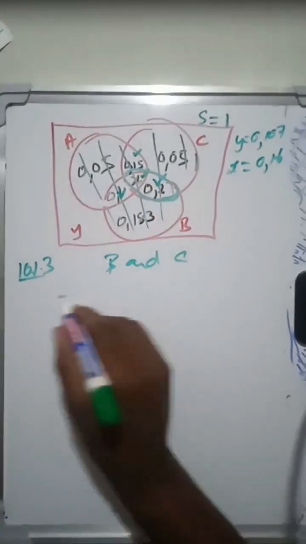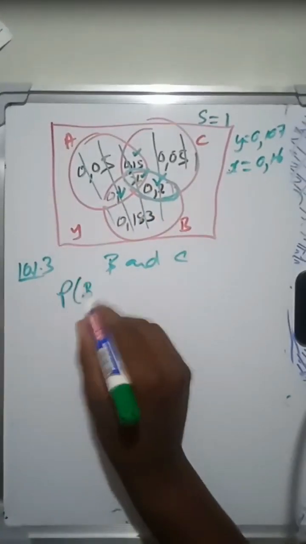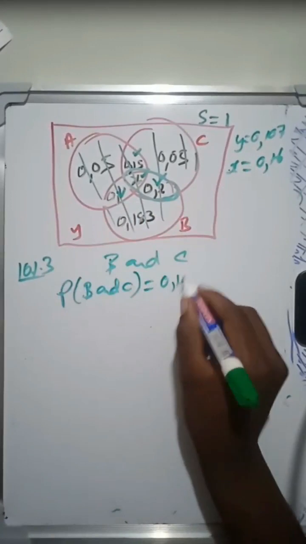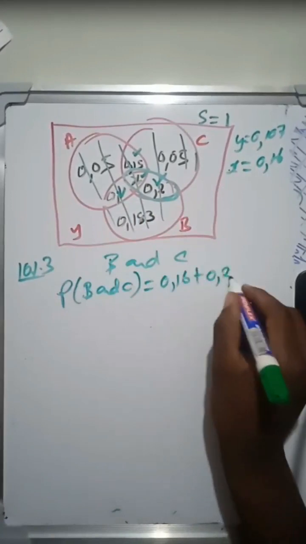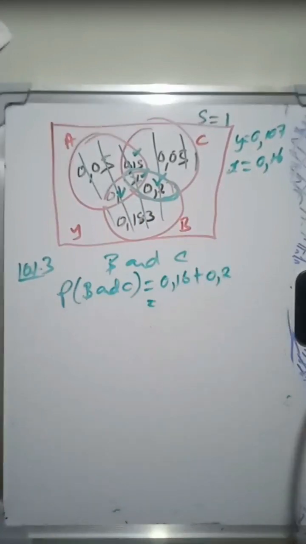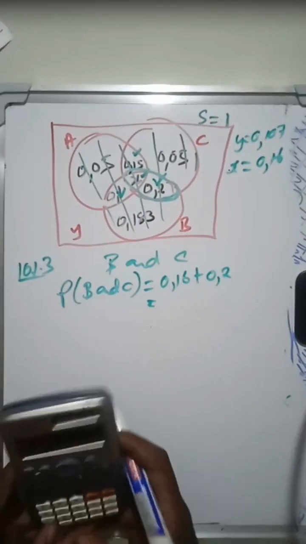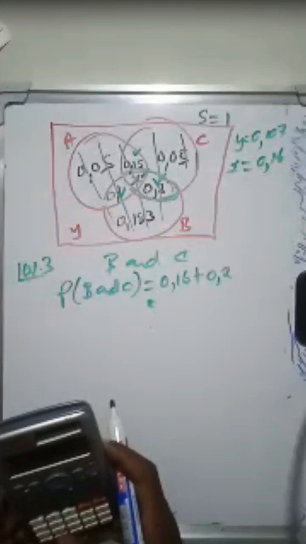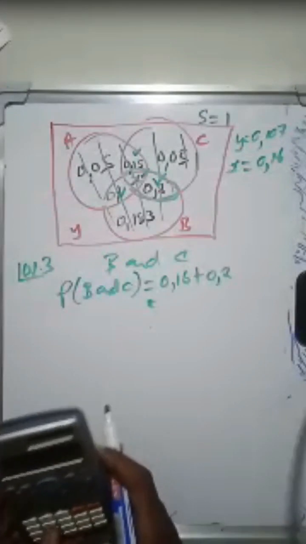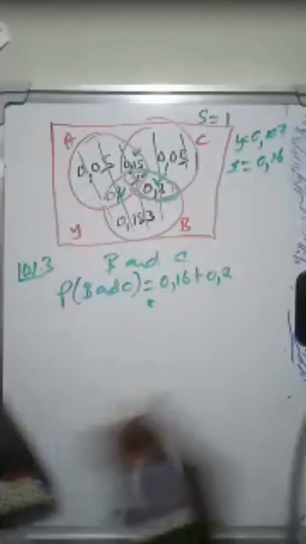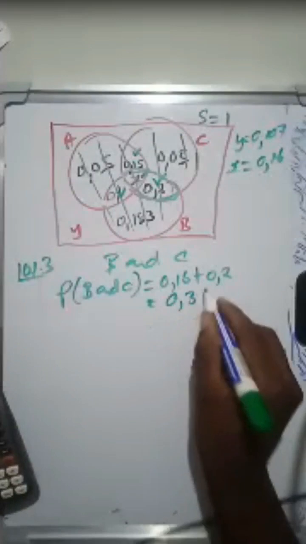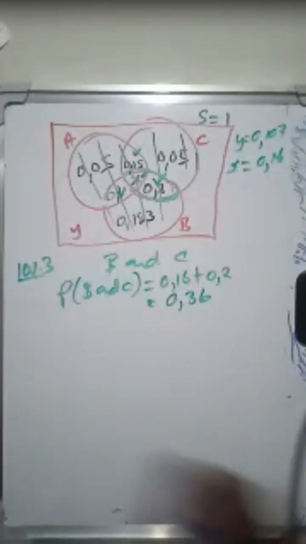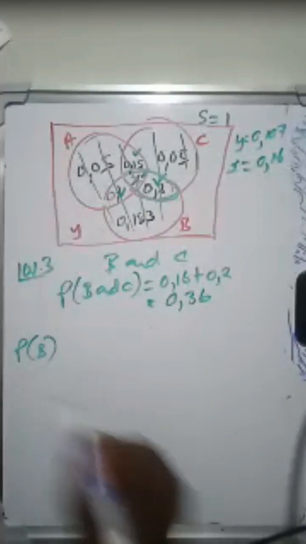So the probability of B and C is going to be 0.16 plus 0.2. What do we get? You get 0.36.